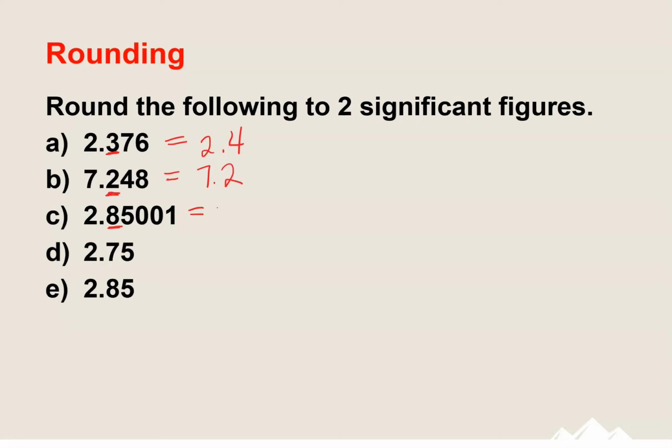By a smidgen, it's closer to 2.9. So that's the correct rounded value. Okay, on to D. Is that number closer to 2.7 or 2.8? We've got a dilemma here. It's equidistant between 2.7 and 2.8.